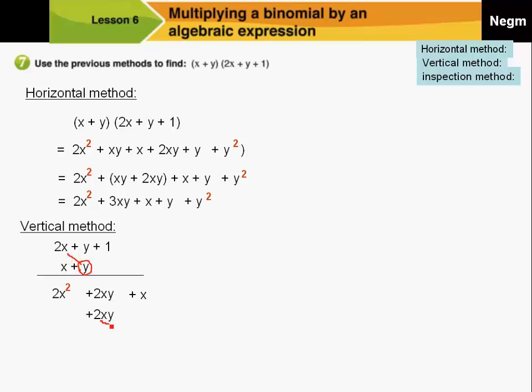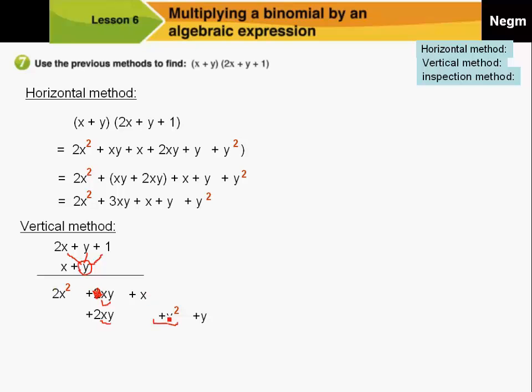We always put like terms together. So xy, we write it under xy. Y times 2x is plus 2xy. Y times y is y squared, but we don't write it under x. We write it here alone, plus y squared. Y times plus 1 is plus y.